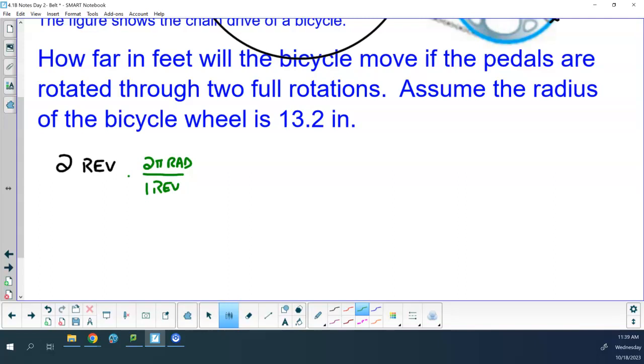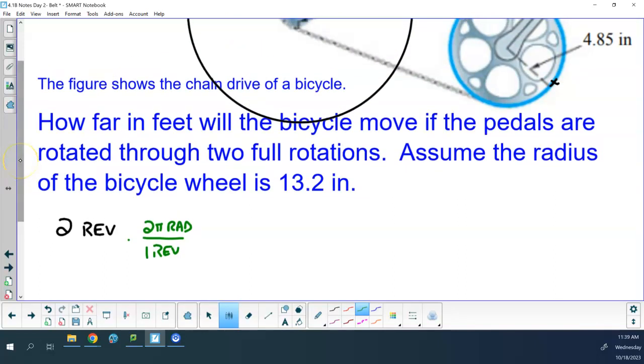We know that on the pedal, 1 radian is how much? 4.85 inches.